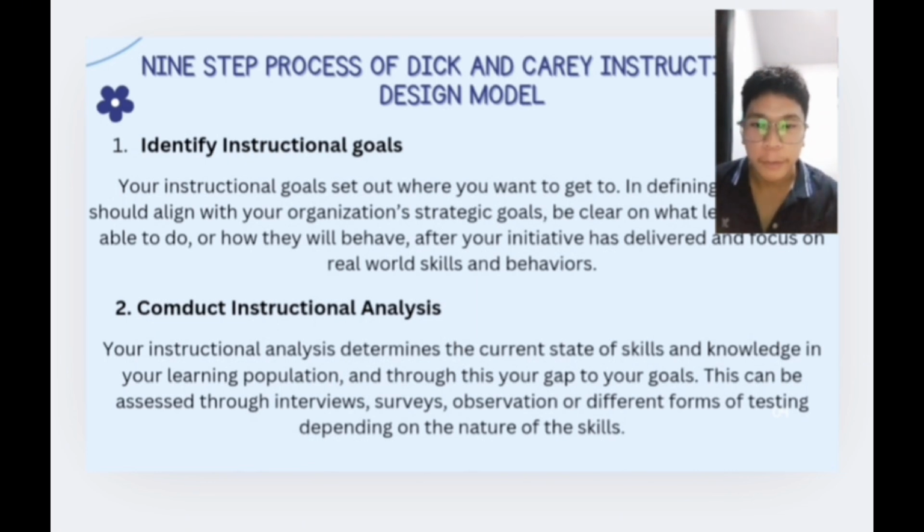So in number 2, you have to break down tasks into steps, or each goal you have to step by step. So the learners should identify what they need to do and understand each step one by one.